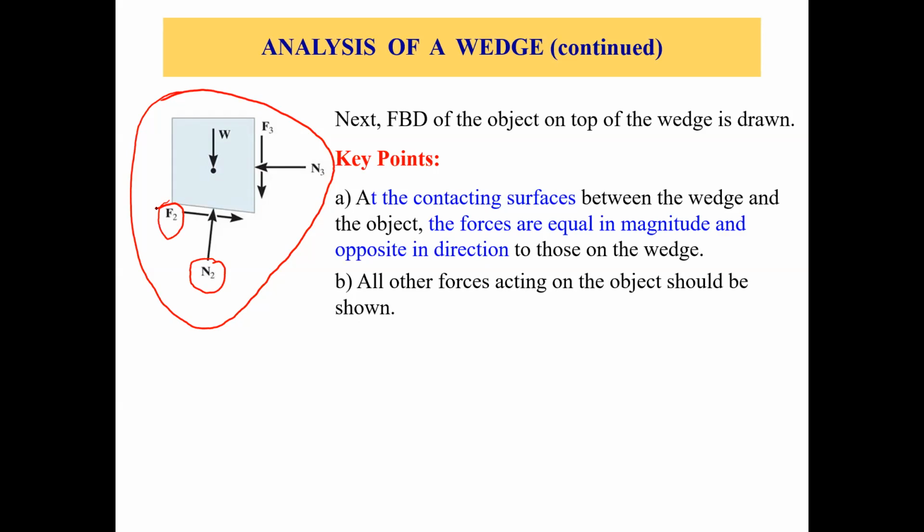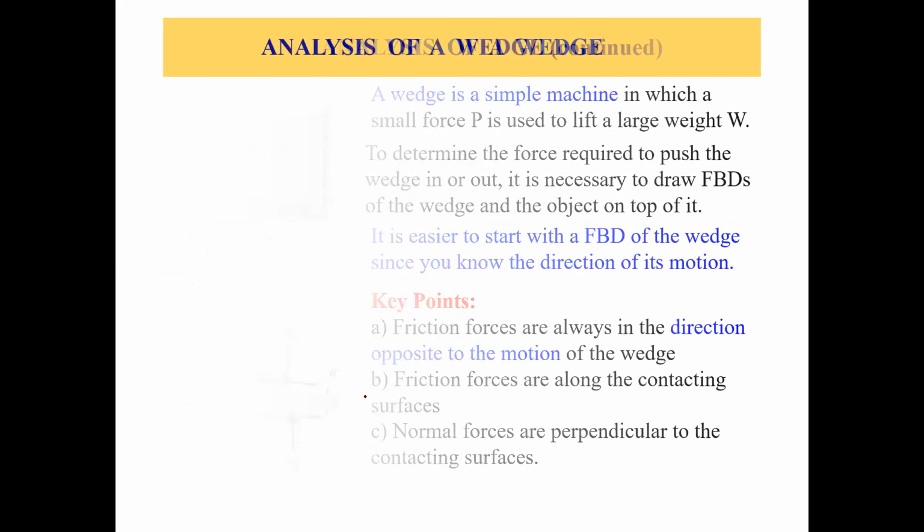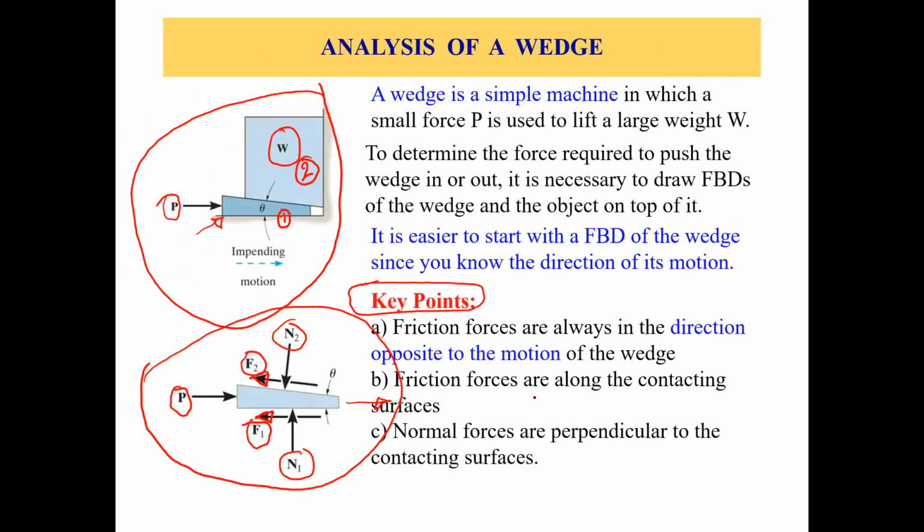This is the center of gravity of this block, at which W, the weight of the block, is acting. If you go back, the top block is also contacting the wall on the right side.